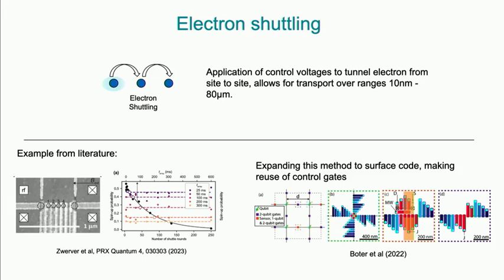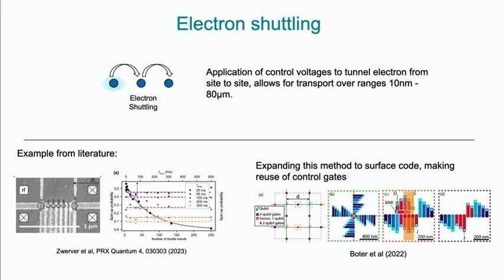Some of the examples in the literature, this is one thing which is being actively pursued by quantum dots. And on the left here is an example of such an experiment where they've got 5 quantum dots and they're tunneling an electron between each of those sites and backwards and forwards.